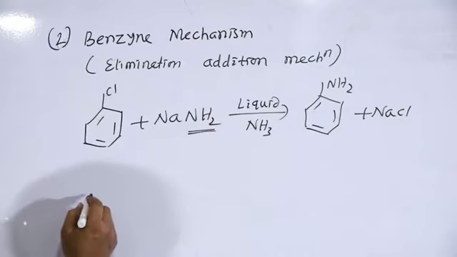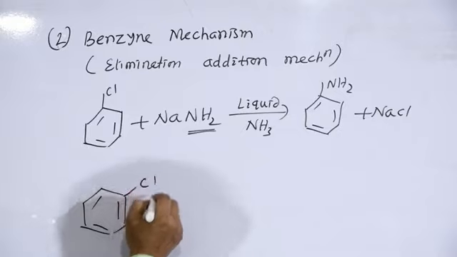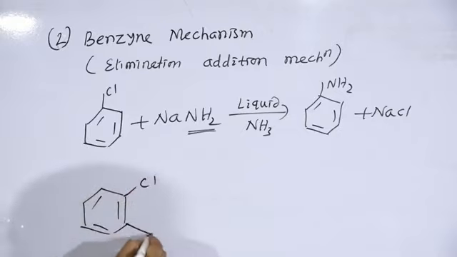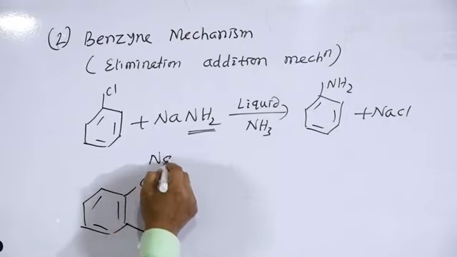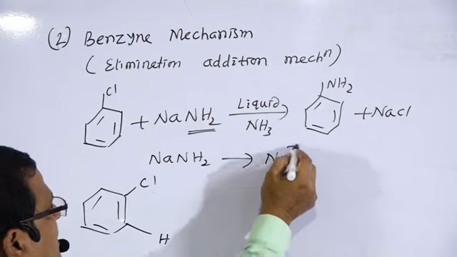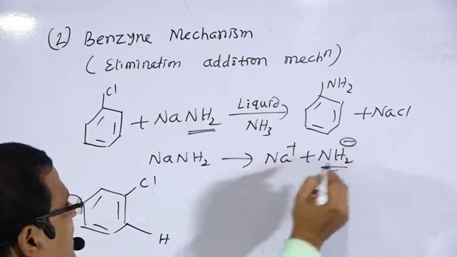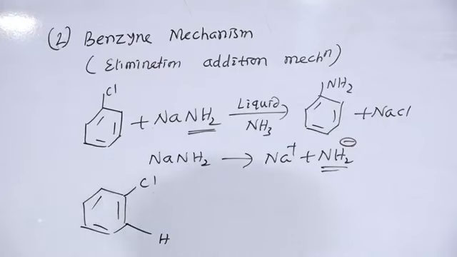So, how does that reaction take place? Chlorine, and there is the presence of hydrogen. In this case NaNH2 gives rise to Na plus and NH2 minus, that is a nucleophile. So this reaction is elimination addition.